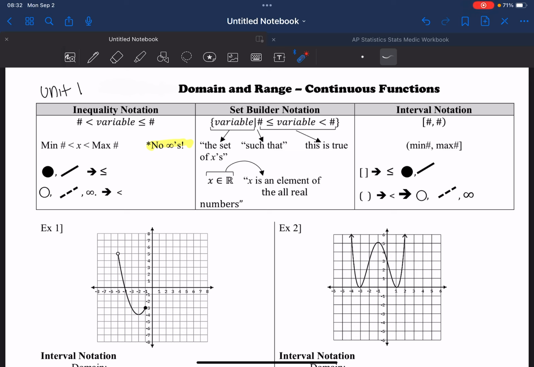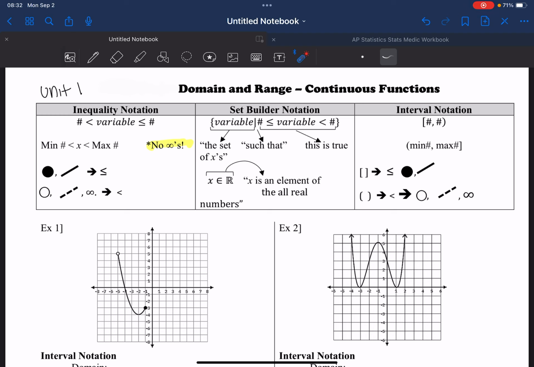And then just like the inequality notation, we have our minimum number, our inequality, our variable, our inequality, and our maximum number. So we would read this as, if we're using x such that x is between this minimum number and this maximum number.